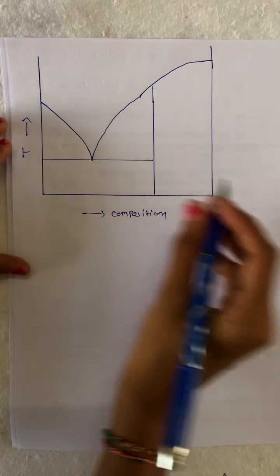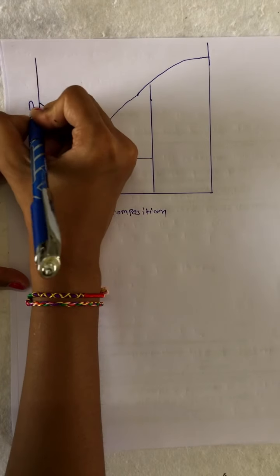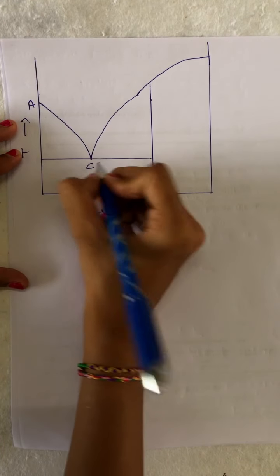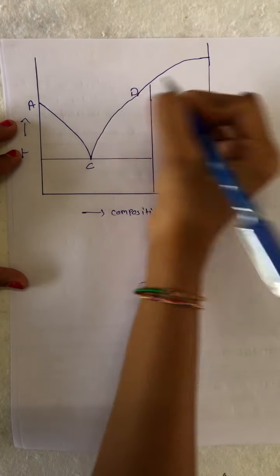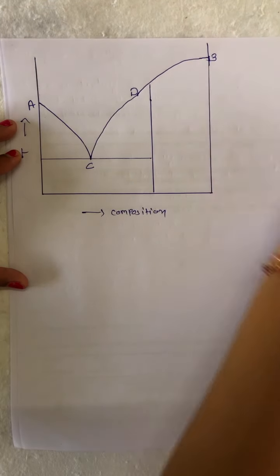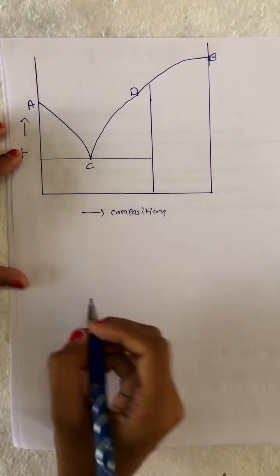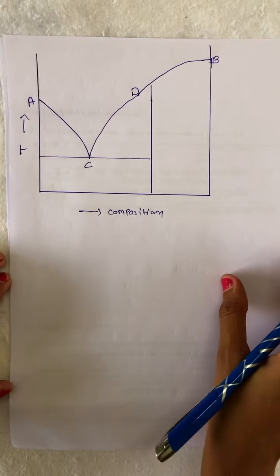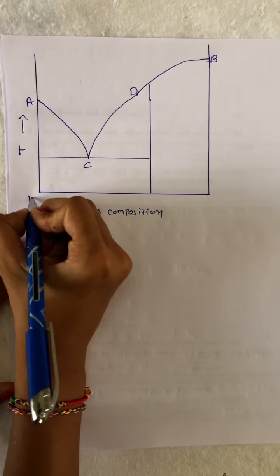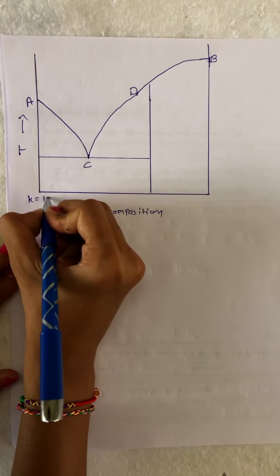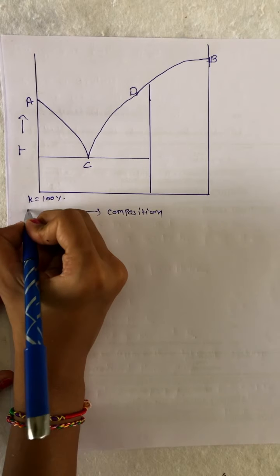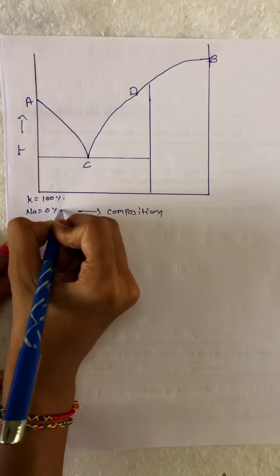So here we point out point A, point C, here point D, and here point B, right? On the left side we can take 100% potassium, and Na is 0%.